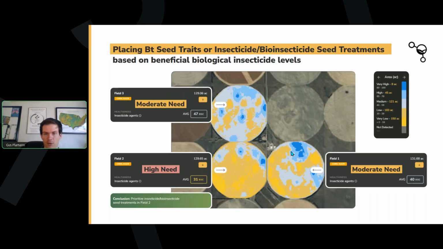Whereas field 3, field 1, a moderate need because the scores aren't super high. There's a lot of yellow, but there's still, especially field 3, generally decent levels of these insecticide agents, since overall it scores about average, close to 50 when it comes to its comparison to Biomaker's database.